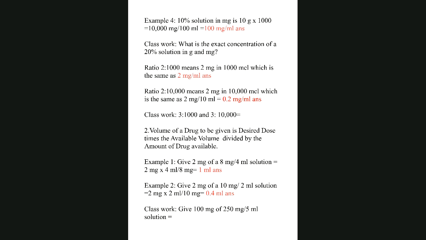So the first phase of the problem solving would be you write out what the 10% represents. So we need to convert the 10 grams into milligrams. And to do that, we have to multiply it by 1,000, because we're moving from a large measurement to a small one. When you're moving from a large measurement to a small measurement, you multiply by 1,000, right?